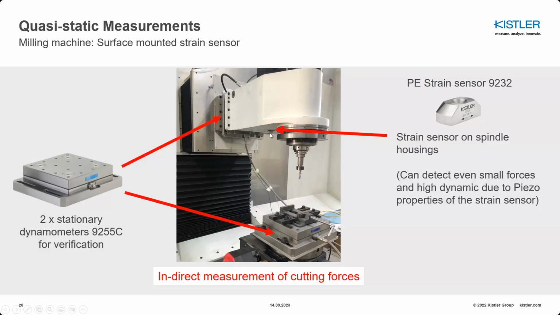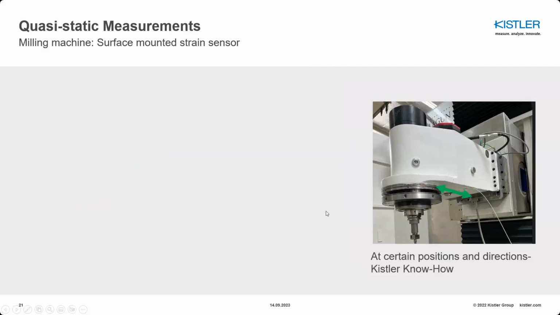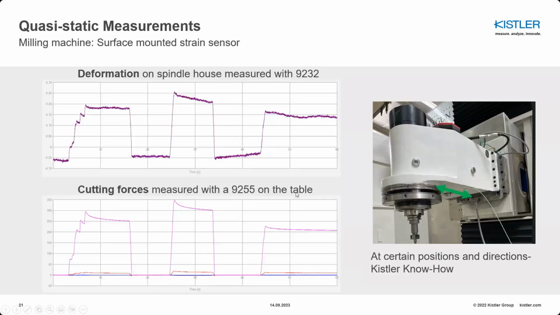So we are again making an indirect measurement of the cutting forces, and we can calibrate or verify with those dynamometers. So let's look at the signal again. Now we are measuring the deformation in this position, and we have placed the sensor there because it's our know-how. If you look at the forces here, you can see that we have cutting forces being measured with the 9255. You are making a milling operation, you have cutting forces, and you can see that there are certain even small steps.